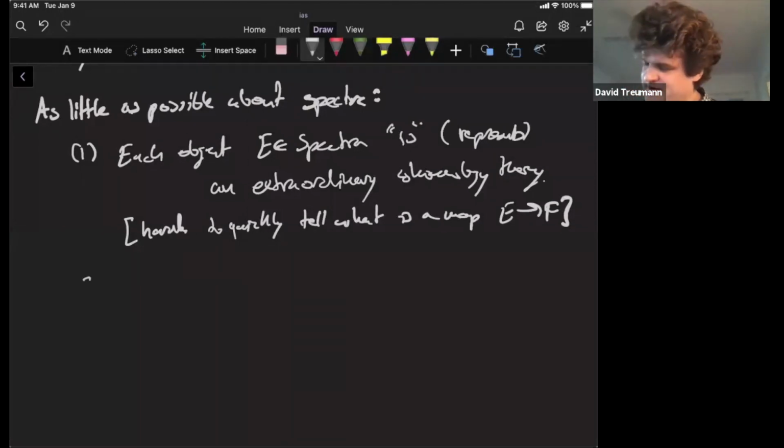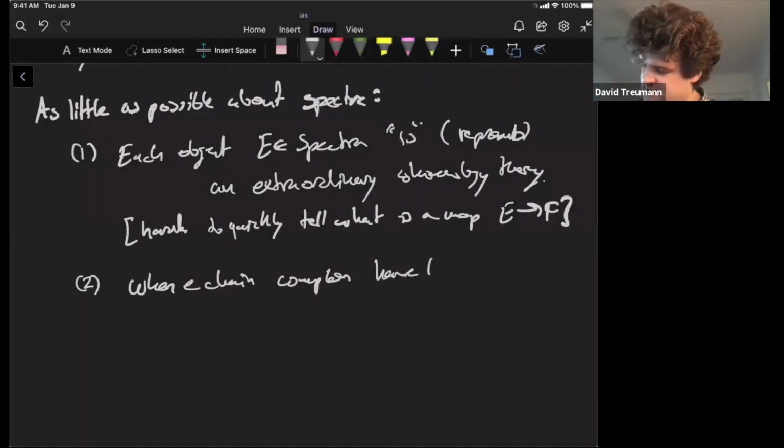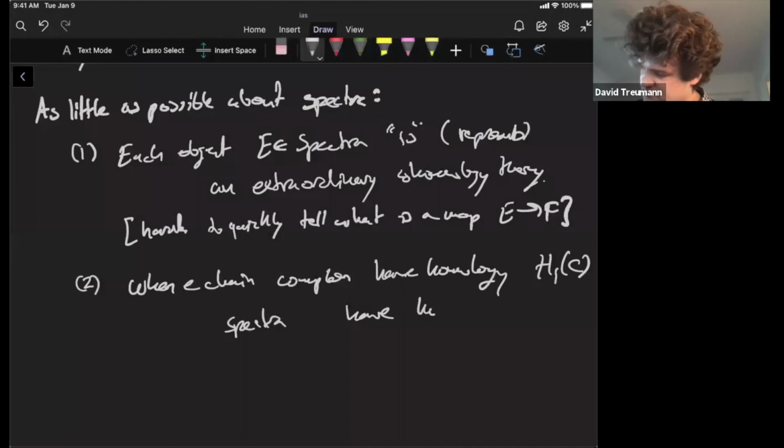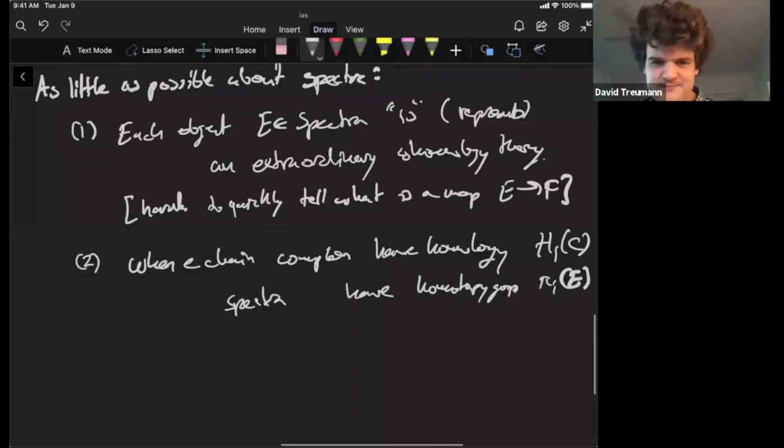And the other thing to say is that where chain complexes have homology groups, H_i of C, spectra have homotopy groups, pi_i of E.